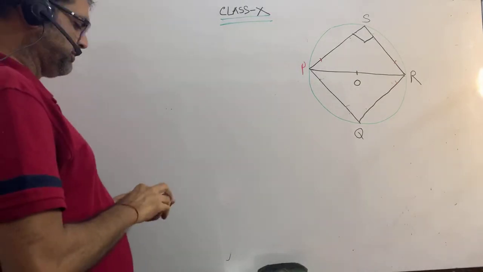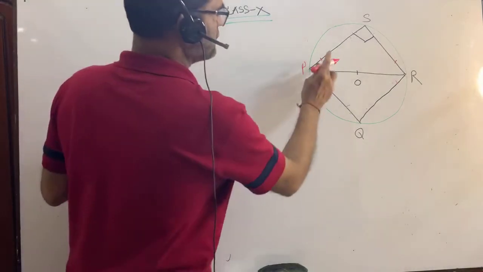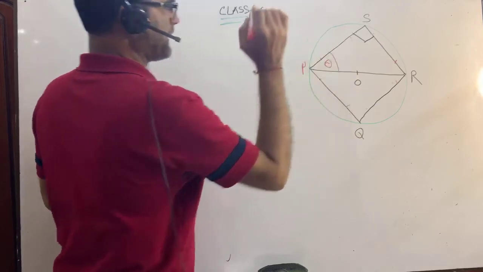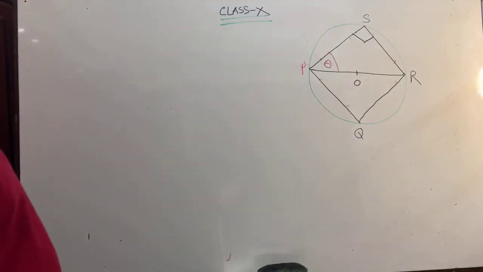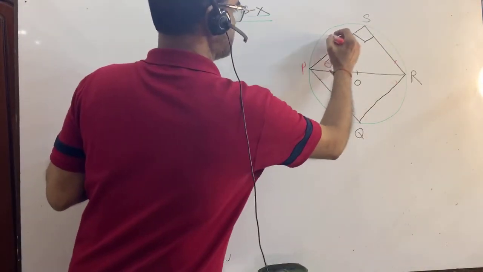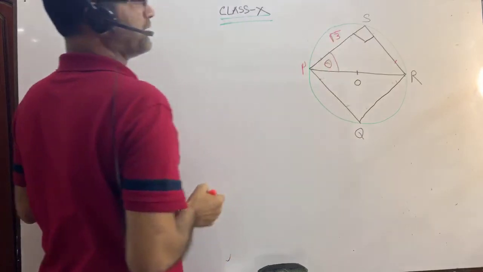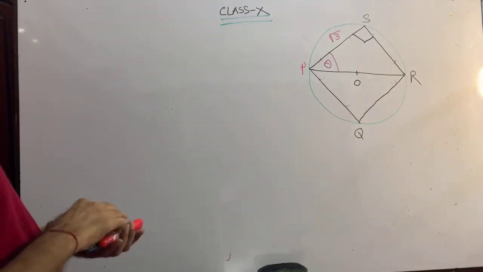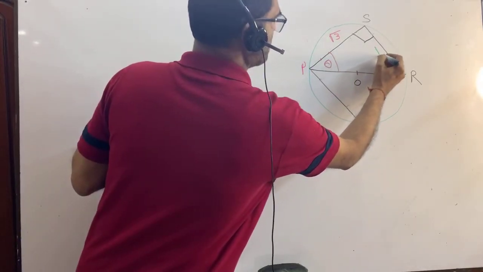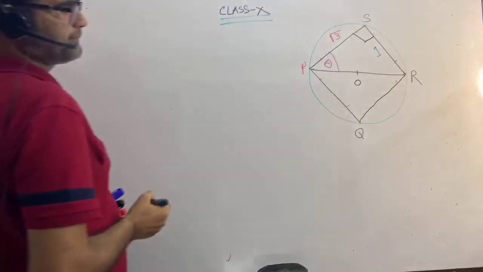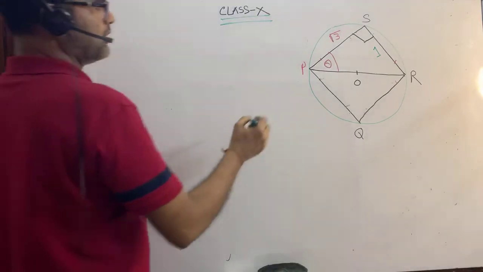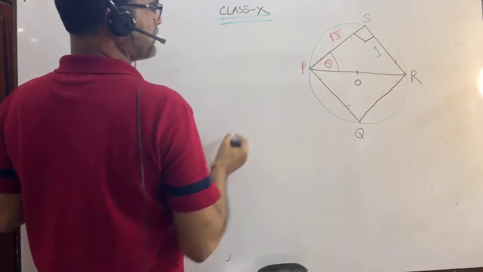Now suppose you are told that it is angle theta. That is good. Now it is root over 3, and it is also given that it is 1. Please try to understand.